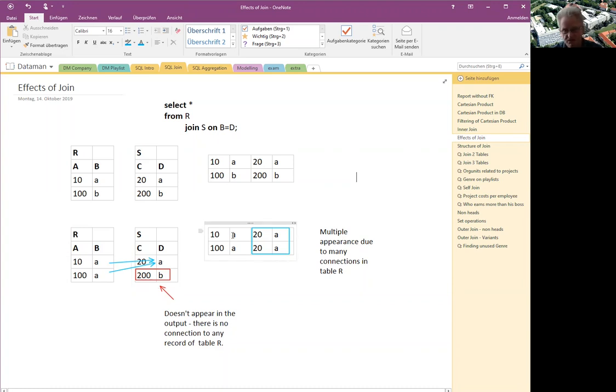So 10A, 20A appears in the result. Let's take the first row here and the second row here. No, they don't fit. Let's take the second row here and the first row here. They fit. 10A, 20A is in the result. Let's take the second row here, second row here. A equals B. No, it's wrong. So it's not in the result. So we get that result here.